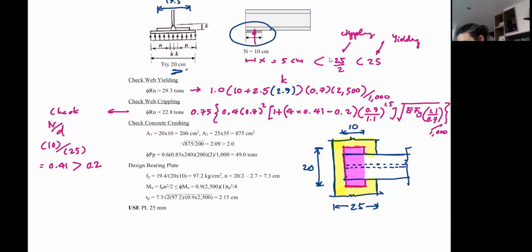A1 is 10 multiplied by 20, right? You can see the A1 is this pink area. Okay. But now in order to have A2, I must project this and make sure that my A2 area is concentric with the A1. So if I put it like that, if the width here is 10 and the width of the concrete beam is 25, it means that I can go to the side 7.5 each, right?